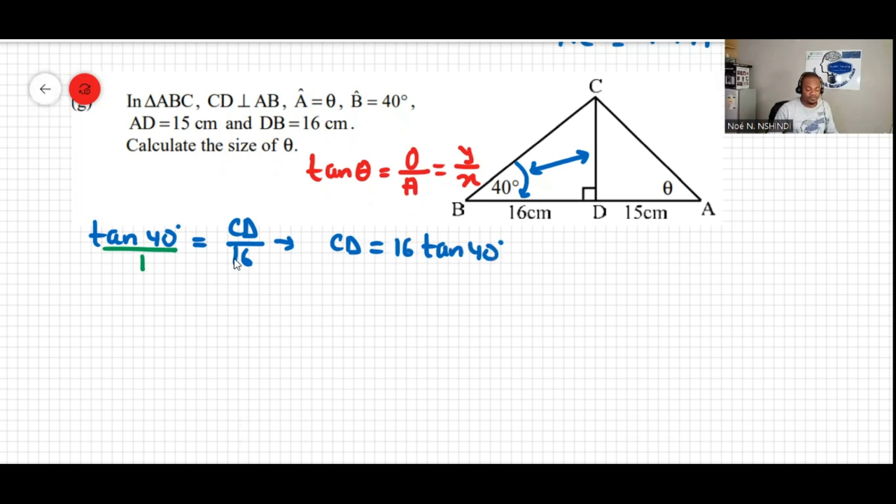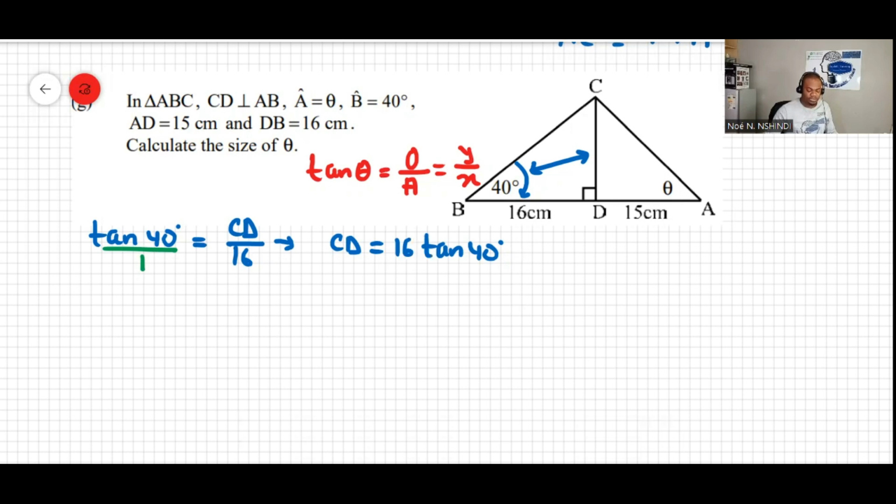Don't do 40 degrees times 16 degrees. I could have written it like this, but it's not accepted, in case someone multiplies the degrees. So we don't do it that way. Just 16 times tan 40 degrees.